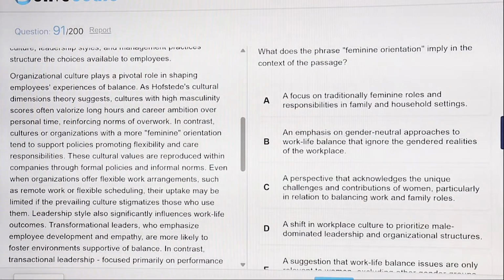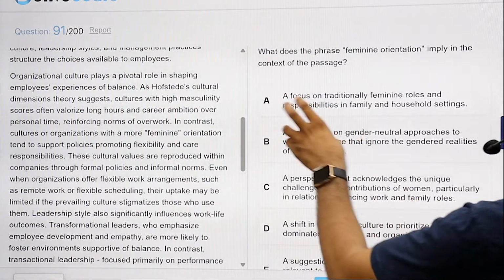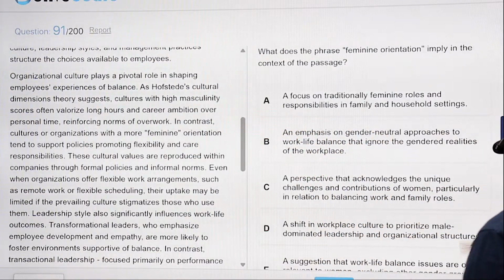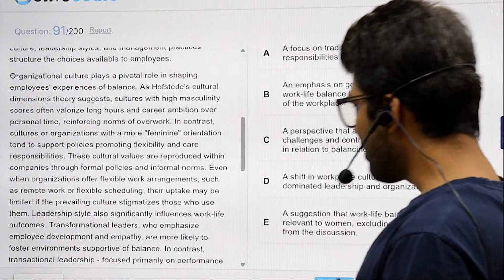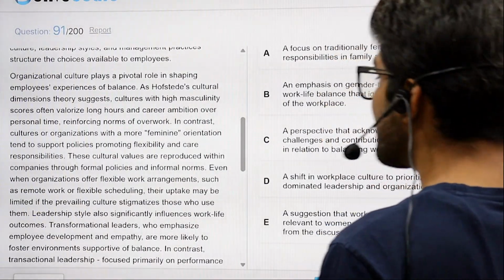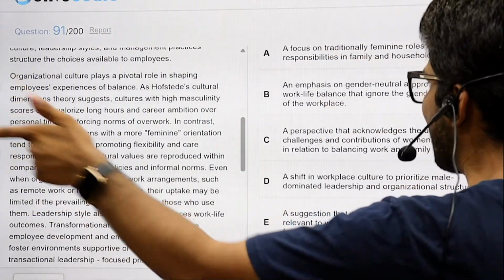Emphasis on gender neutral approaches. I don't think so. That was neutral because we saw a difference. No. A perspective that acknowledges the unique challenges and contributions of women, particularly in relation to balancing work and family roles. Probably yes. Feminine orientation tend to support policies promoting flexibility and care responsibilities.